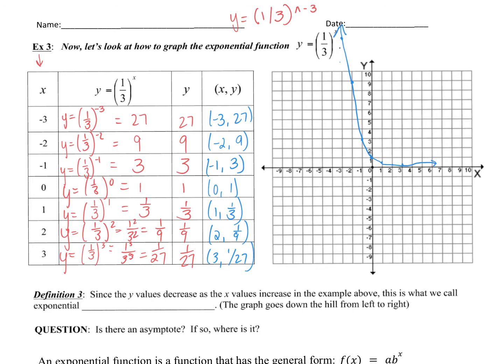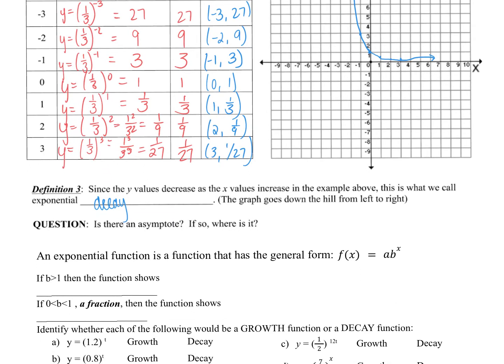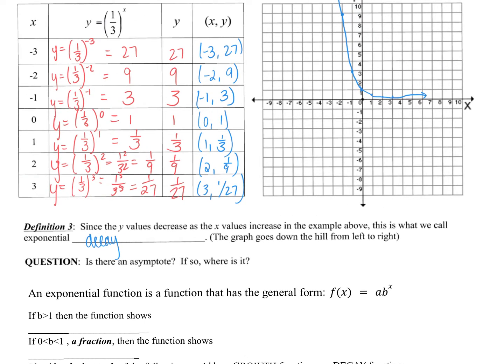Okay? Now, since the y values decrease as the x values increase, this is an example of what? So if I'm reading this graph from left to right, it goes down. So this is called exponential decay. Okay? Now looking here, is there an asymptote? Does the graph ever cross or touch the x-axis?